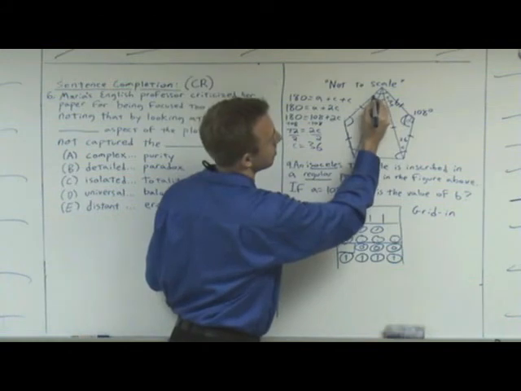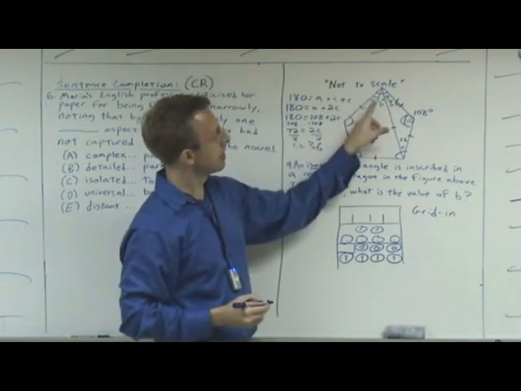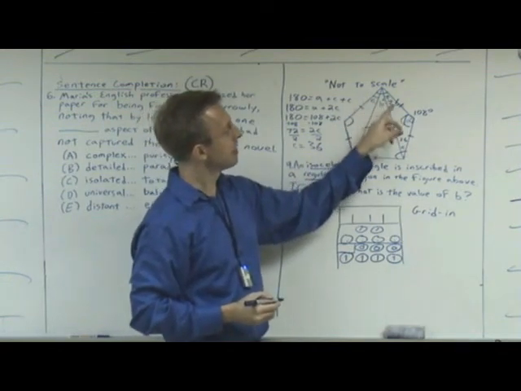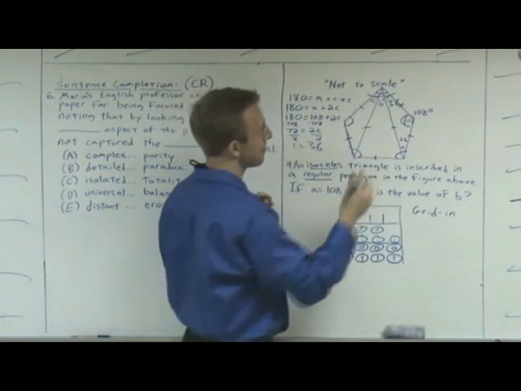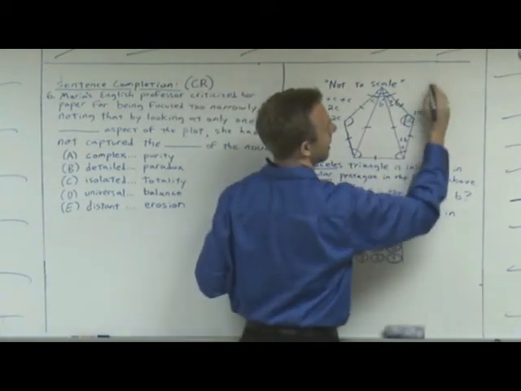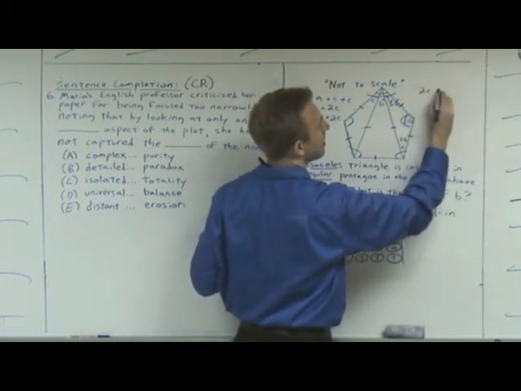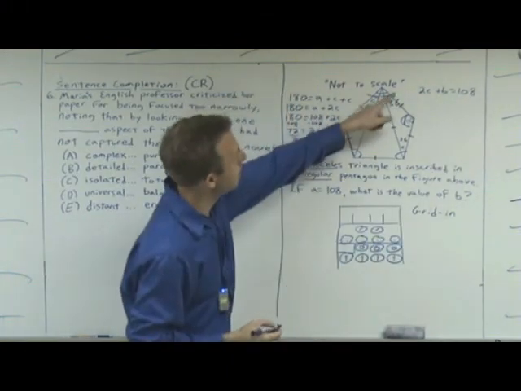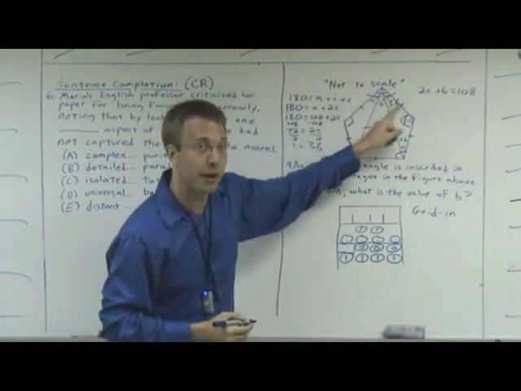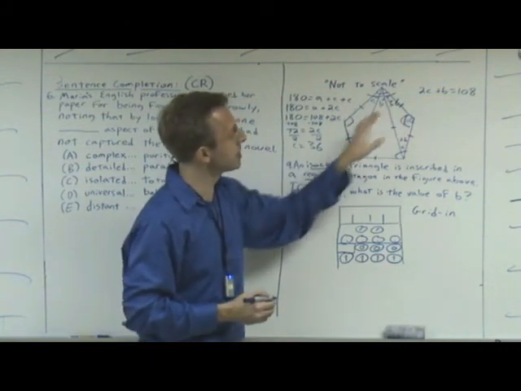So we know that this part of the angle here and this part here also equal C. So we have C plus B plus C equaling 108 degrees all together. Let's put this over here: 2C plus B equals 108 degrees, because that bigger angle equals 108, and here we have C plus B plus C.